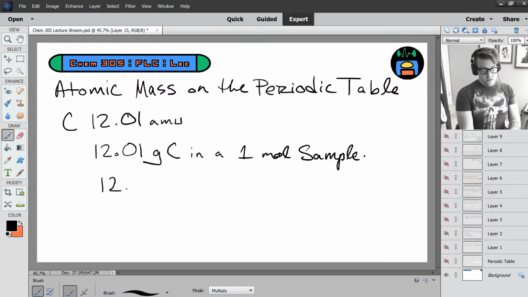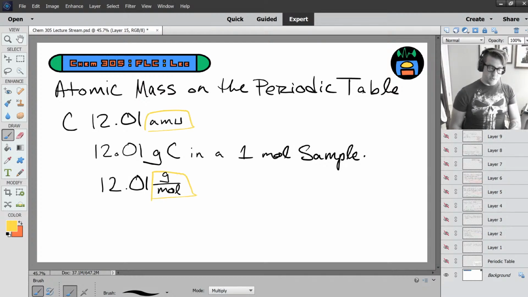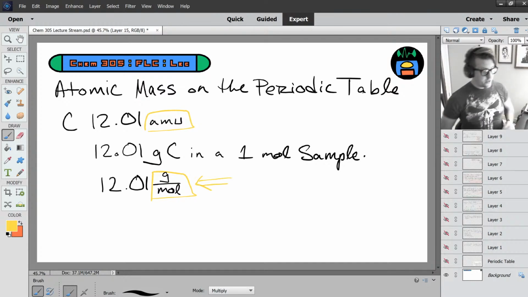Our atomic masses can also be written with units of grams per mole. Grams per mole and AMU are the same thing, and we use this one over and over and over again.